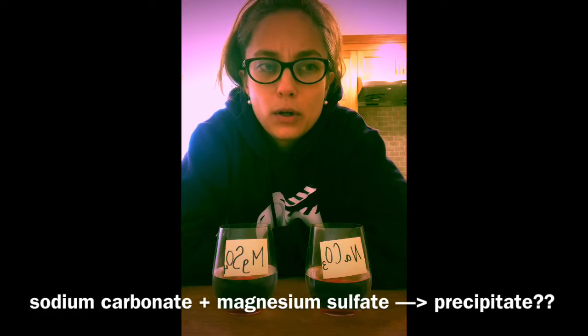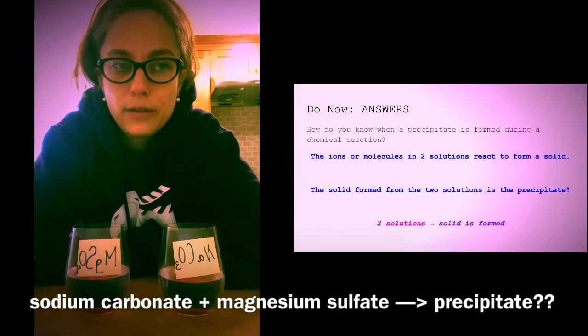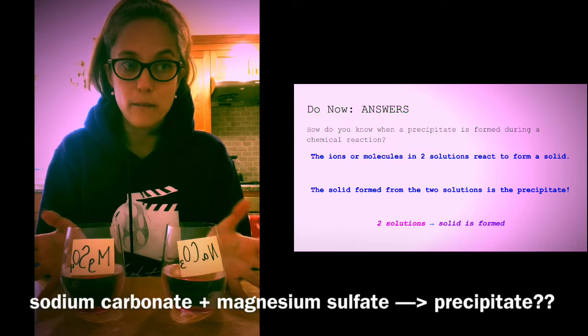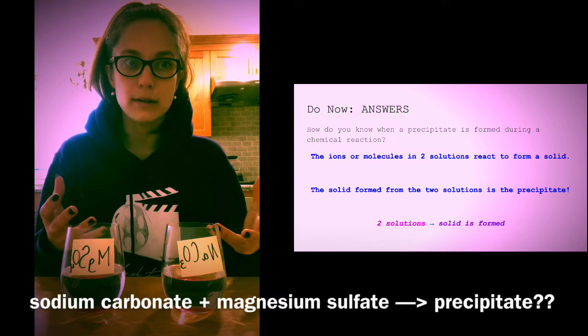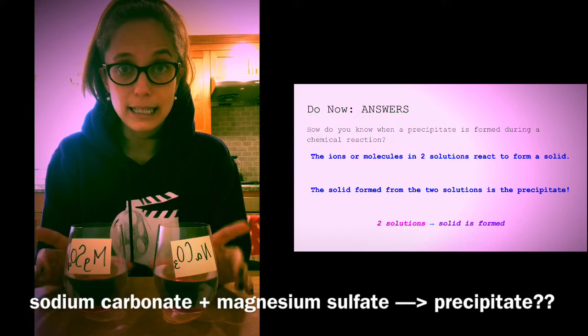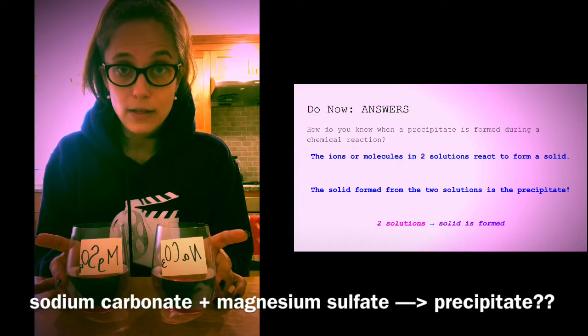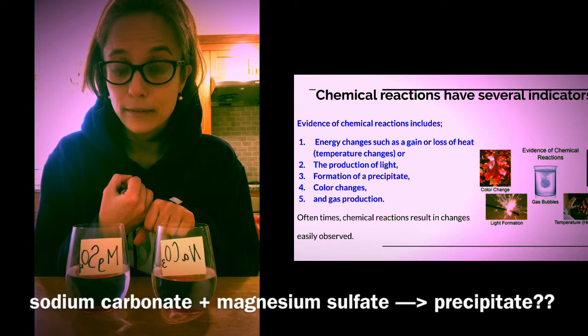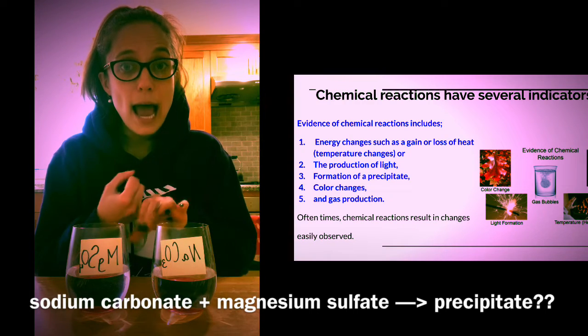Okay. So I know that these two substances both have molecules in them, or ions. And I know that if these two solutions react together, there's a couple of things that could happen. There could be a change in color. There could be the emission of a gas or an odor.